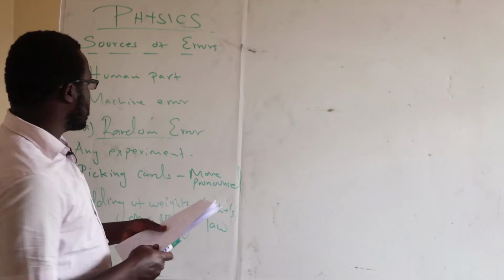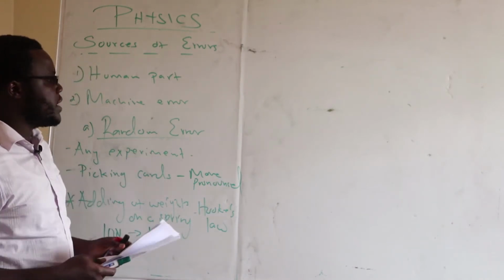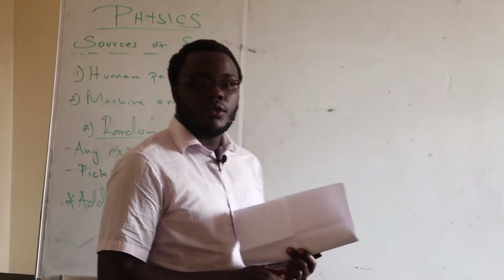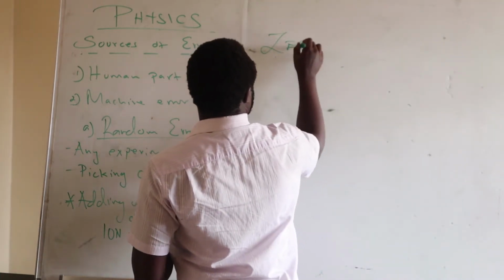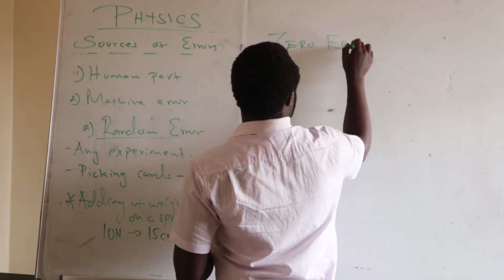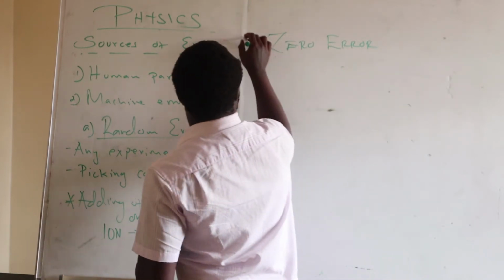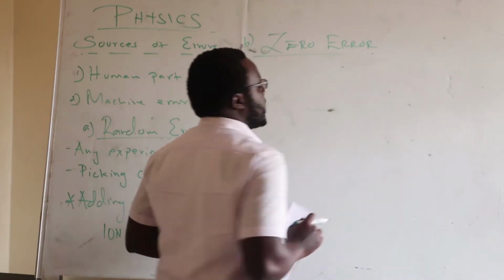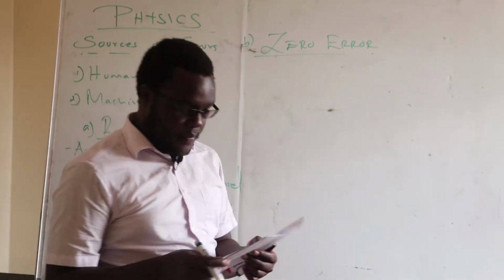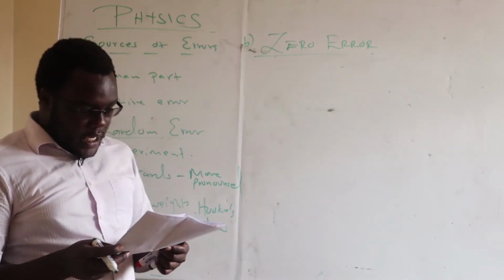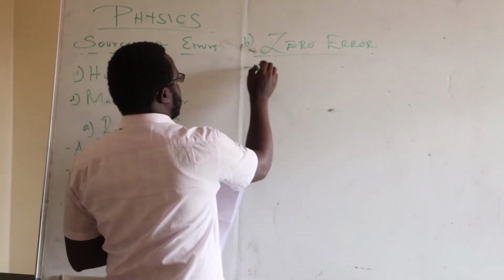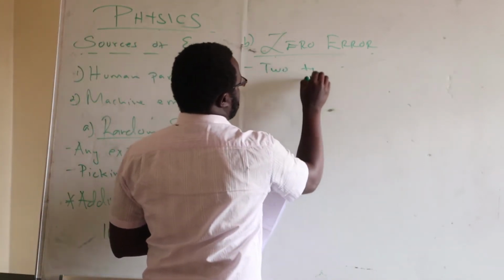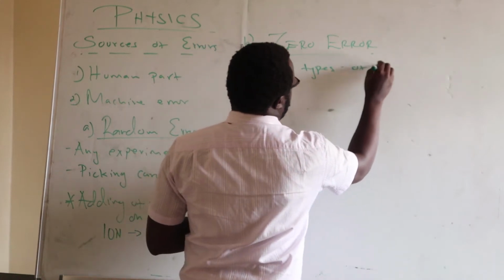Next, we go to the second source of error, apart from the random error, which is what we call the zero error. That is B, the zero error. And we can define this by first saying that there are two types of zero error.